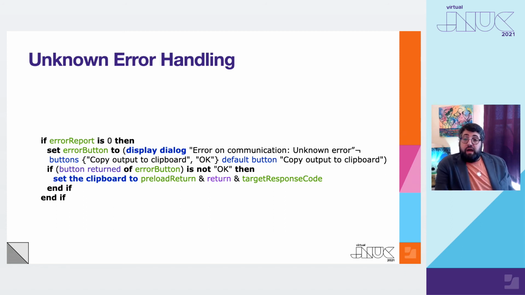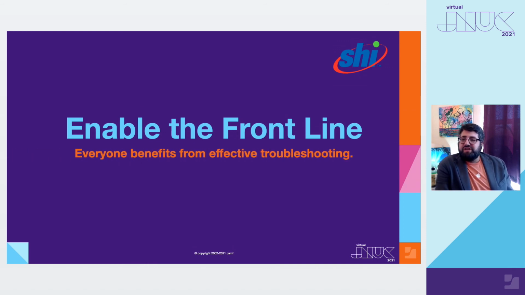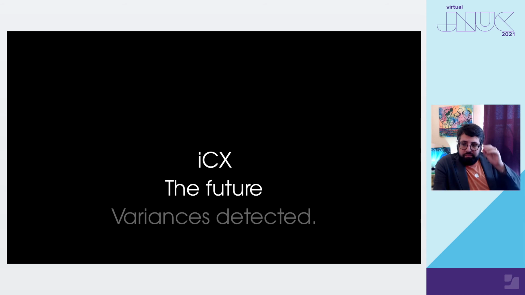Honestly, it's all about enabling that front line of workers that are doing this mass amount of device configuration. Everyone really benefits from effective troubleshooting and being able to understand what they can understand and where the unknown starts. Speaking of unknown, I think we'll take things into a little bit of a future direction here.